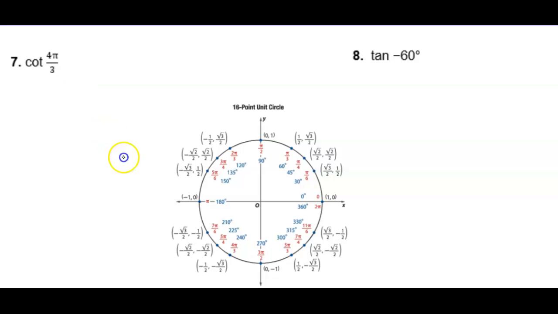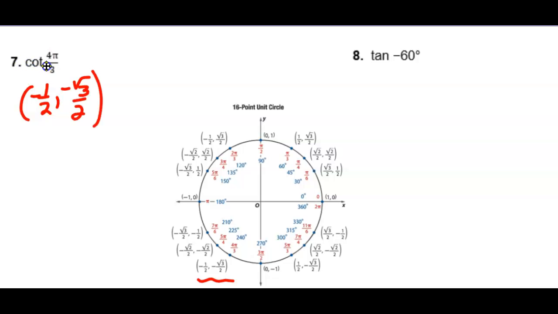Cotangent, 4 pi over 3. Again, it helps if you know where to look. A pi over 3 is a 60 degrees, so 4 of them would go around to here. So we're at an ordered pair of negative 1/2 comma negative square root of 3 over 2.